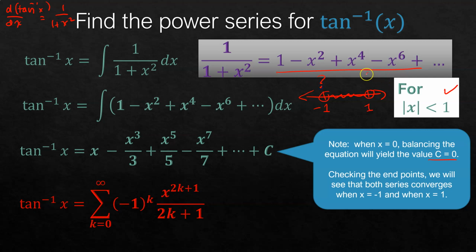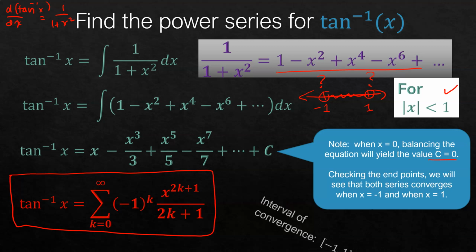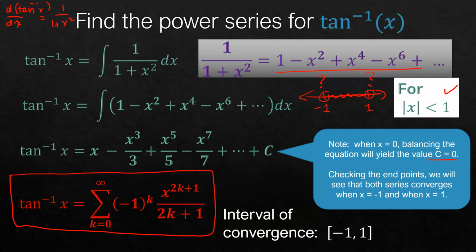So we want to say what happened to this newly obtained series when we are at the endpoint. Okay, and if you go ahead, I didn't show my work here, but checking at the endpoints, we'll see that both of them will be converging, and you can use the alternating series test for those to say that both of those are going to converge. Therefore, the new series will have interval of convergence including the endpoints, -1 to 1.